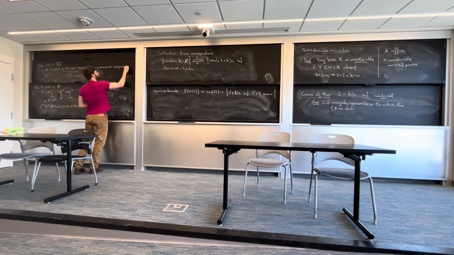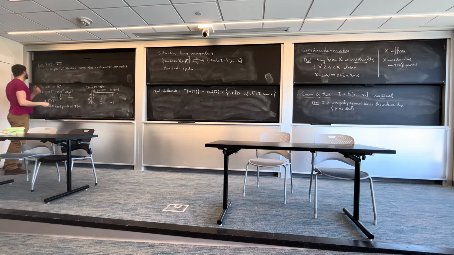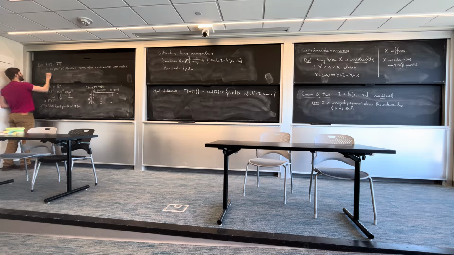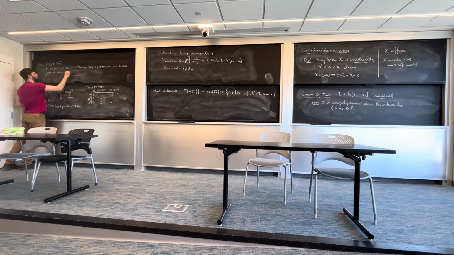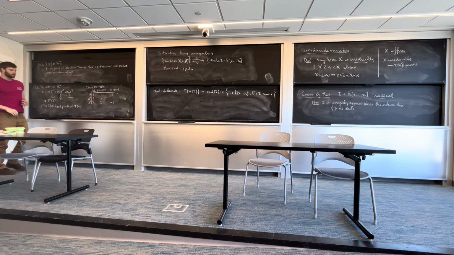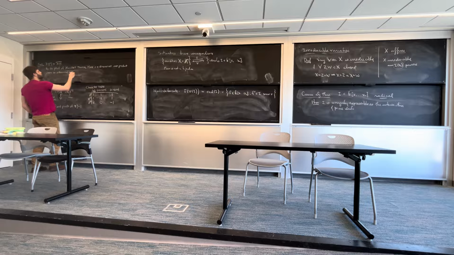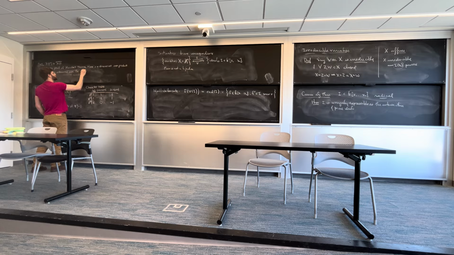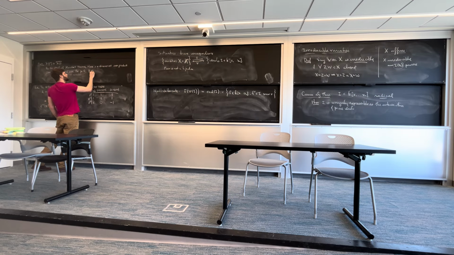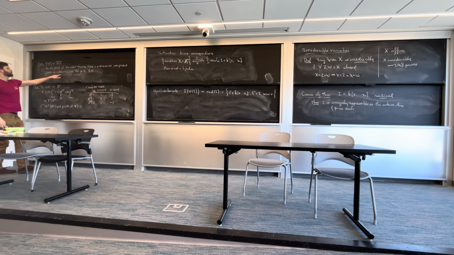And if you have this inner product, you can choose an orthonormal basis with respect to that inner product, and then for each element G in the group, let's say X is the representation, so X of G is some matrix represented using this orthonormal basis.